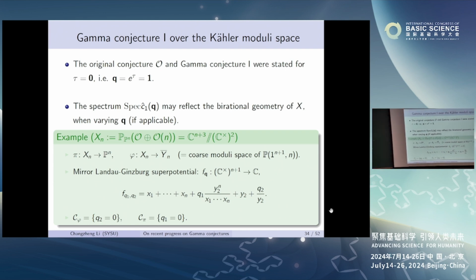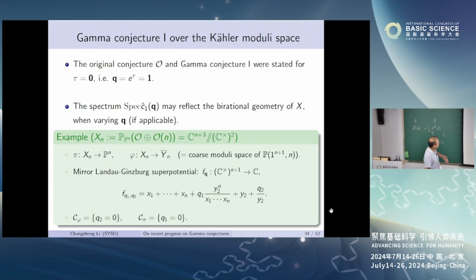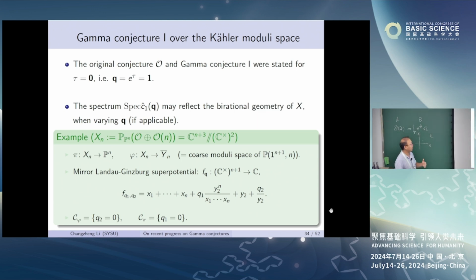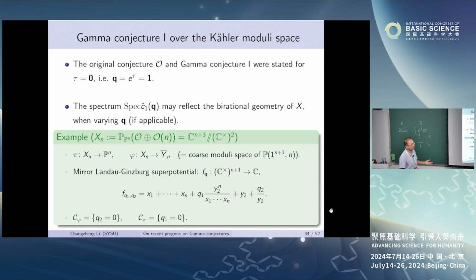And the second thing is that because of this counterexample, we want to study what happens for the case of n even. What is the unexpected class? Then we vary Q. It turns out that if we vary Q, this reflects the birational geometry of X. So in our example, this is a P1 bundle over P1.